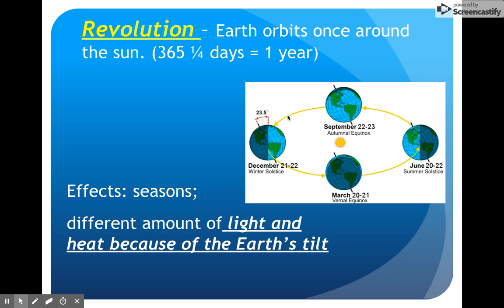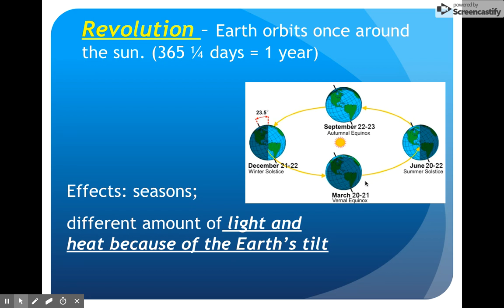Notice it's always tilted in the same direction, but during part of the year, it appears, for example, in this one, the northern hemisphere, where we live, is tilted away from the sun, so we would experience winter. Again, if you draw an imaginary equator, we have shorter days and longer nights. And then we go into spring, which is about equal day and night.